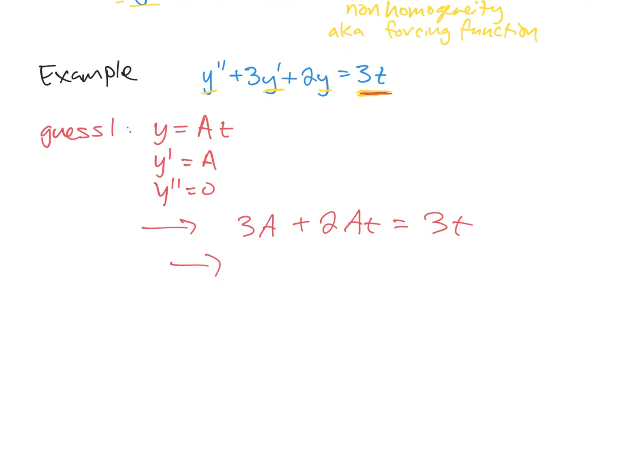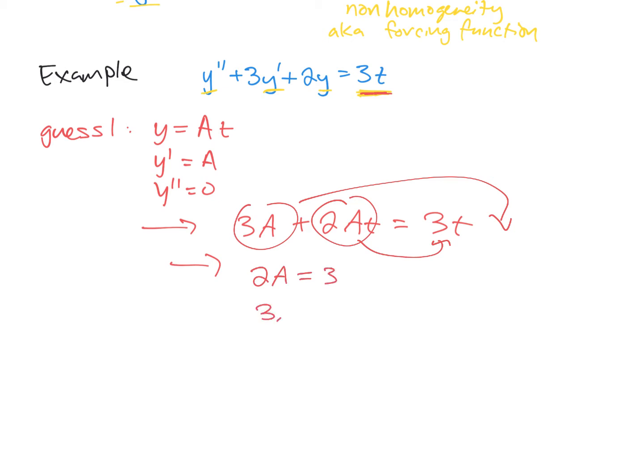We need the constant terms to match up with 0, and the t terms to match up with the 3t. So you need 2a to equal 3 and 3a to equal 0. But of course that's not going to work. So that's a problem. Now let's try another guess.